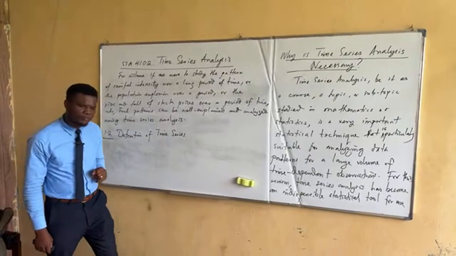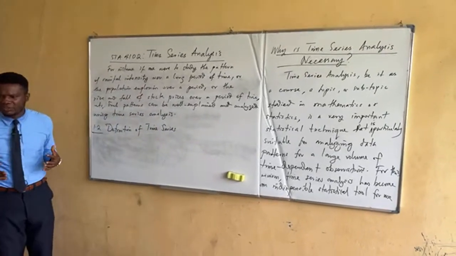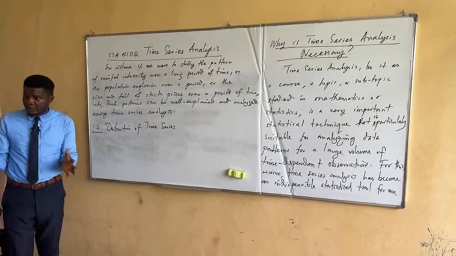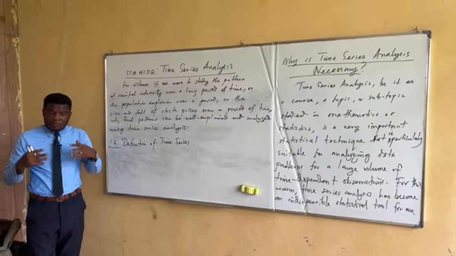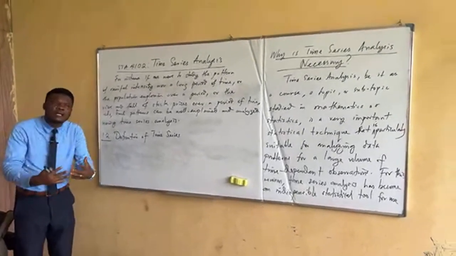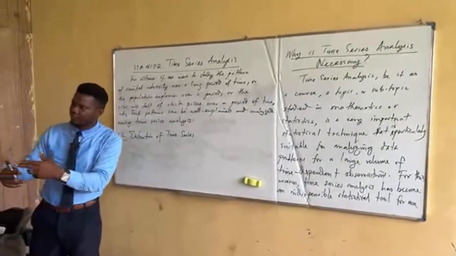Time series. Now, if you want to define a time series, you may not just go straight into the mathematical definition of a time series. Before looking at the mathematical definition, look at the ordinary layman's definition of a time series.